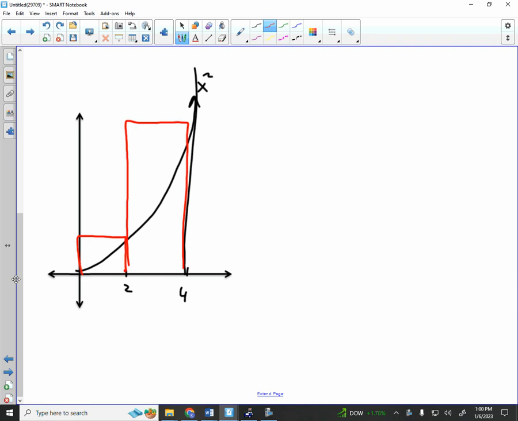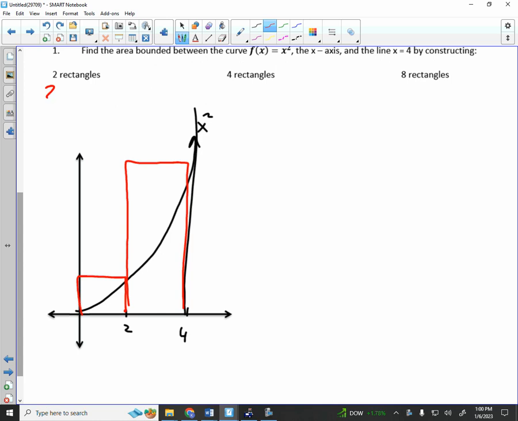How do I determine the width of the rectangle? Yeah, it's just 2, right? So it's going to be 2 times something plus 2 times something. Please focus. How is it that I determine the height of the function? Plug in 2 to the function.